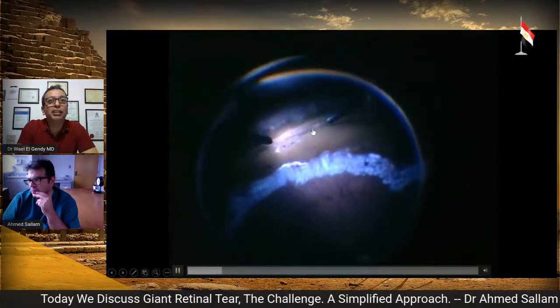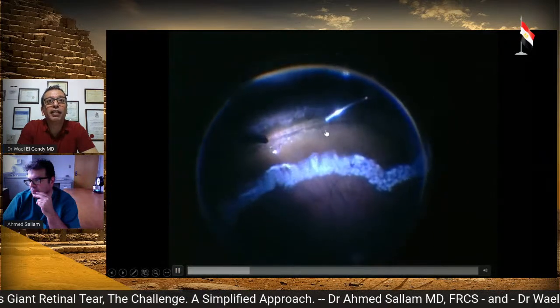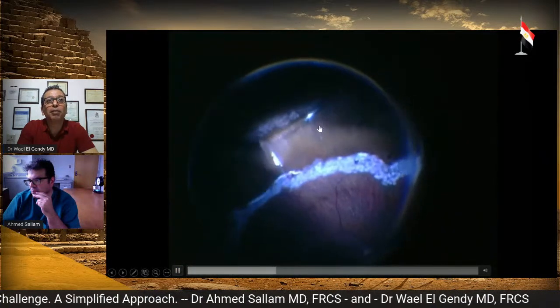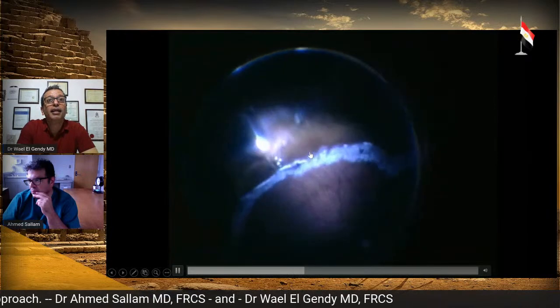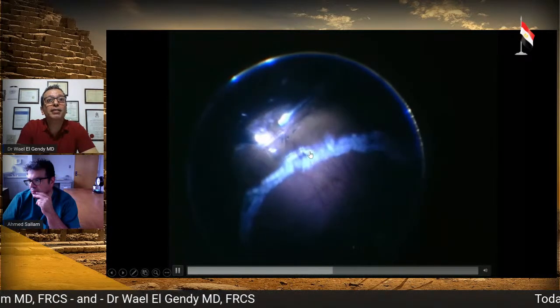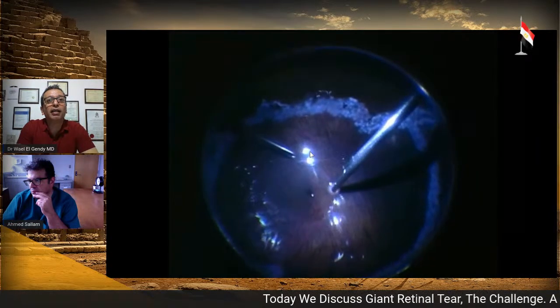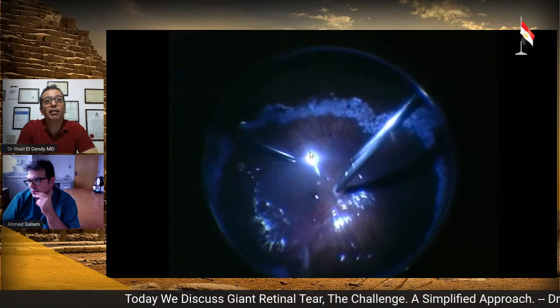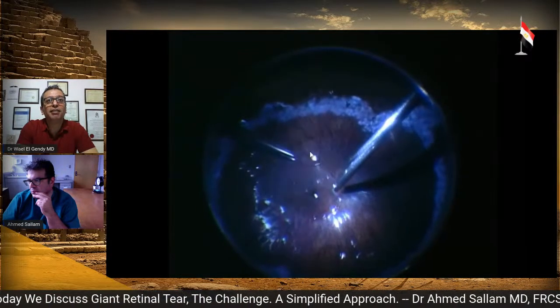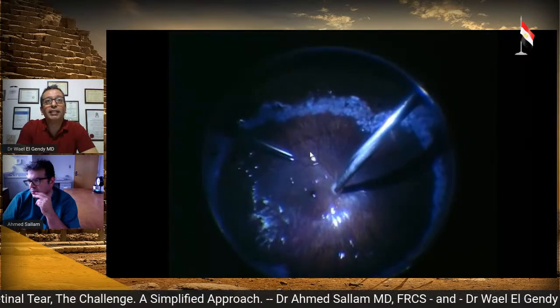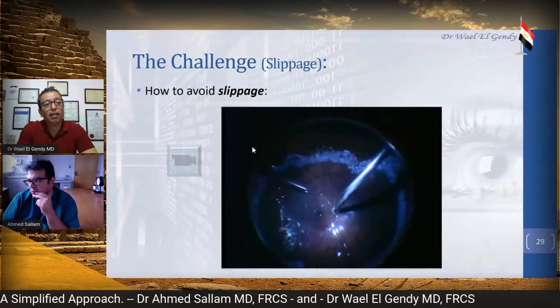As you can see, the aspiration is at the edge of the retina with the perfluorocarbon, making sure that the fluid meniscus is aspirated. And then when you do the perfluorocarbon in the middle, no slippage happens, and it's a very nice view. The retina is on, no slippage.